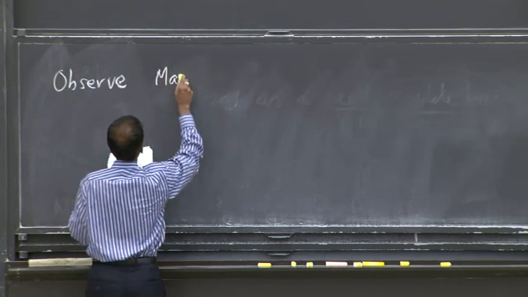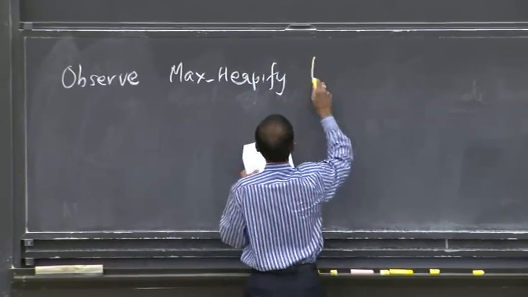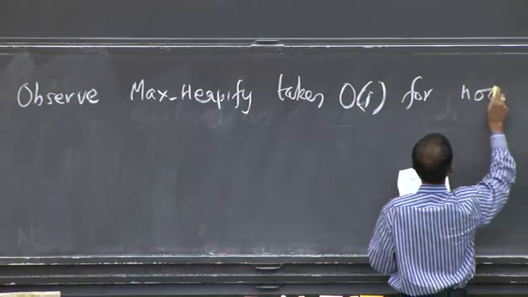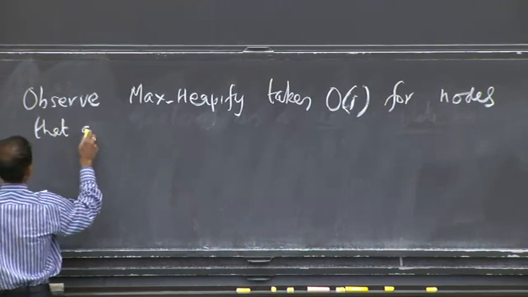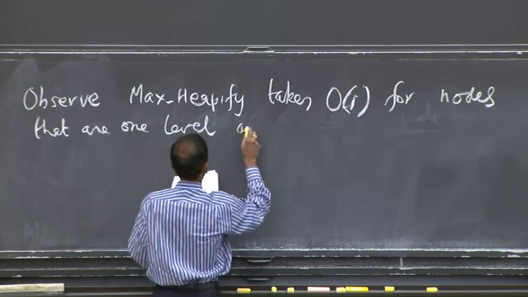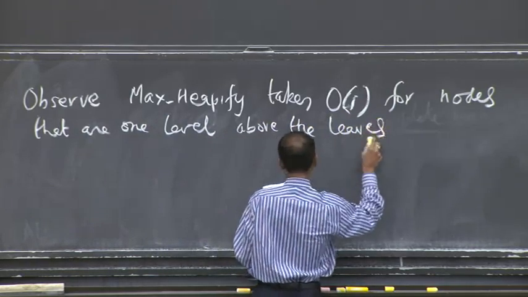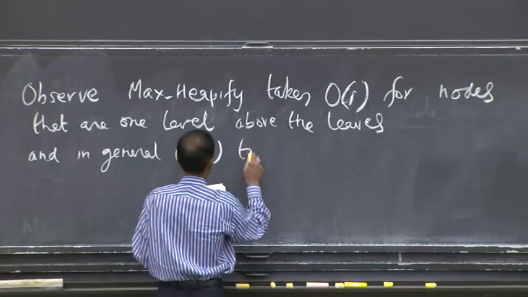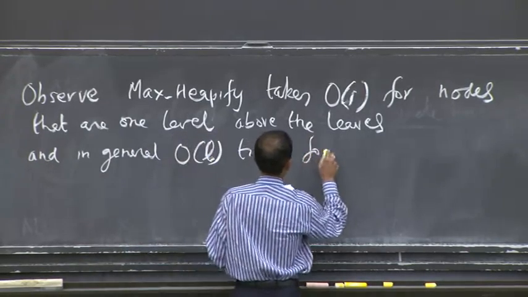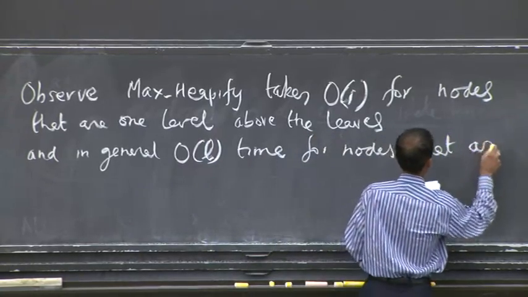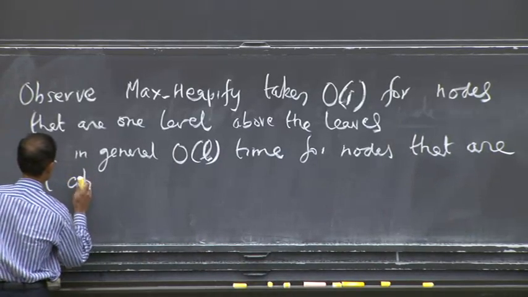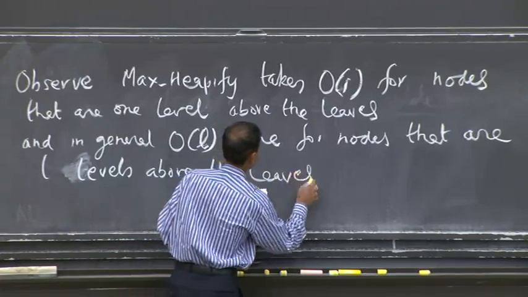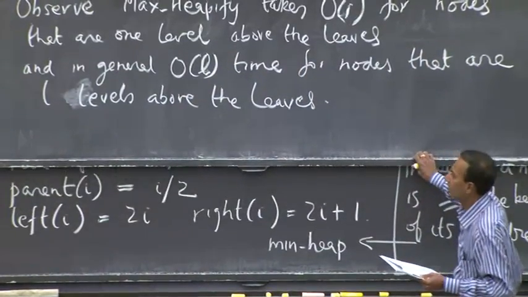Max heapify takes constant time for nodes that are one level above the leaves, and in general, order L time for nodes that are L levels above the leaves. Okay? That's observation number one.